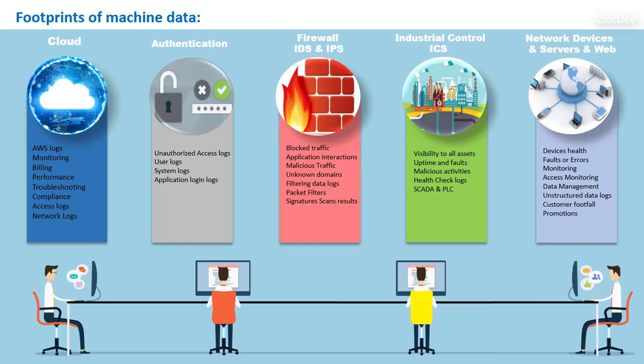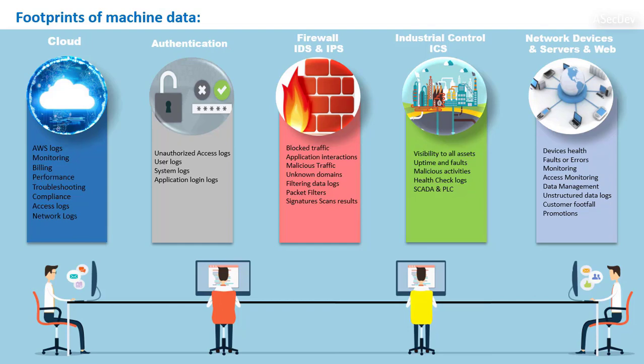Some of the logs that you can see here are blocked traffic, the IPs that you've blacklisted and the traffic that's been blocked, the application interactions, how it is actually happening, what's the out and what's the in traffic, then the malicious traffic, some of the unknown domains that your employees or the other vendors have tried to access using your network, then packet filters, and then a few signature scans or rules as well you can see from these logs.